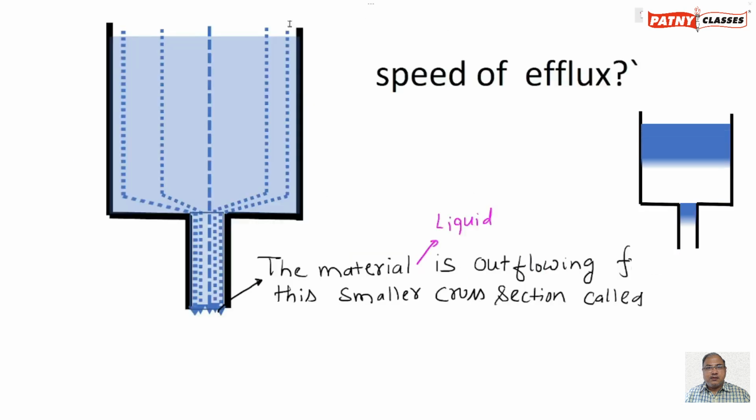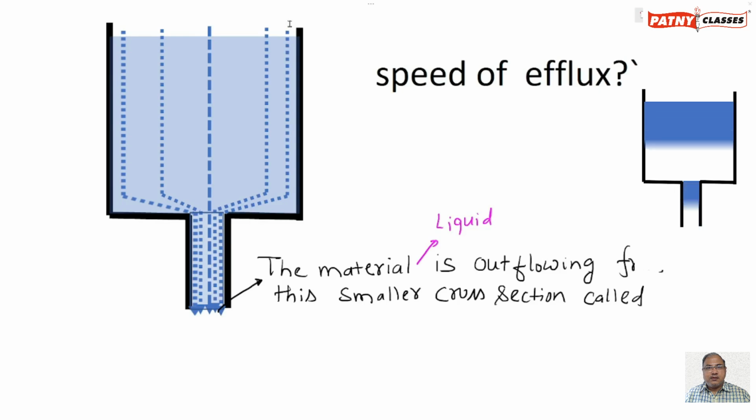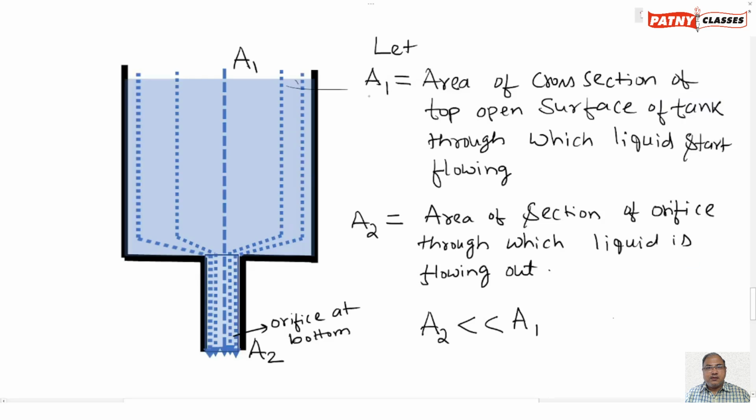The speed of efflux flowing out of this tank can be obtained by using Bernoulli's equation. Let A1 be the area of cross section of the top surface of the tank through which liquid starts flowing, and A2 equals the area of cross section of the orifice. This orifice is nothing but a small round hole at the bottom, that is called orifice.